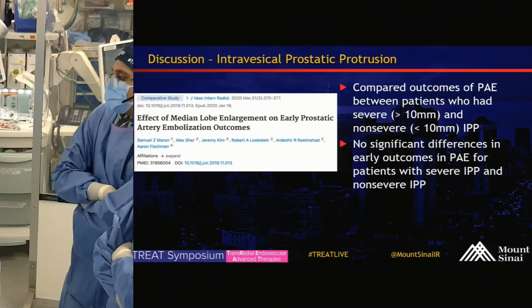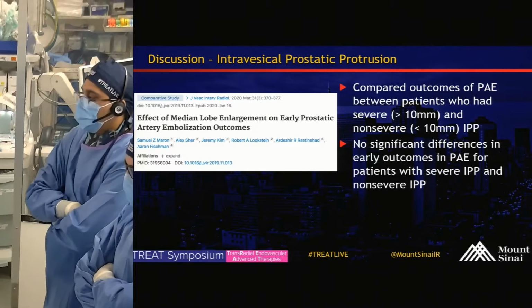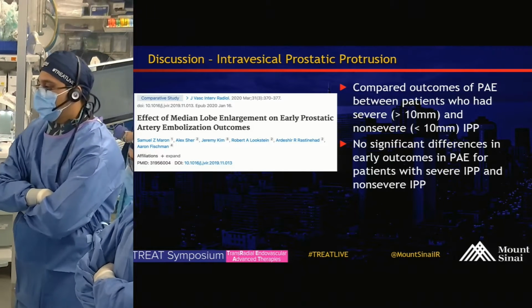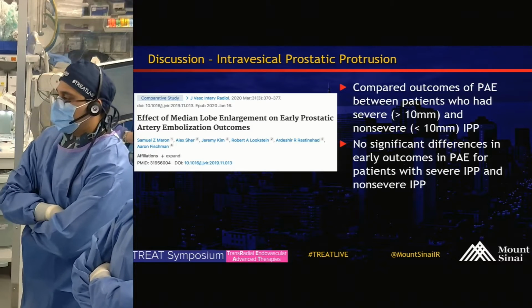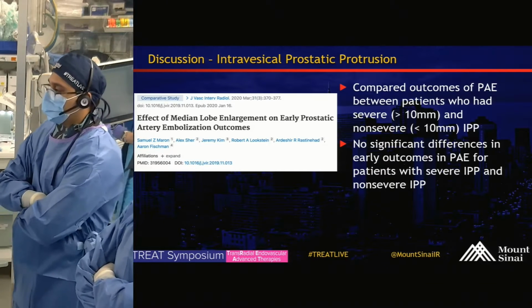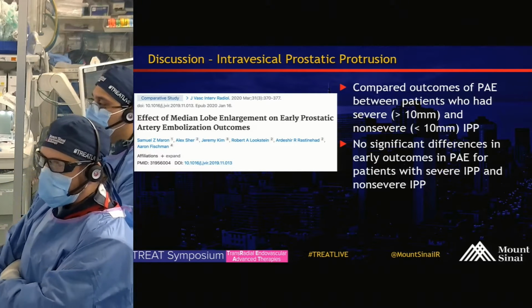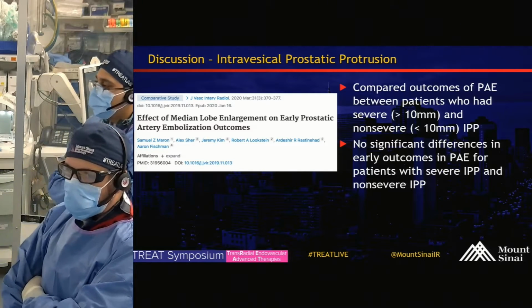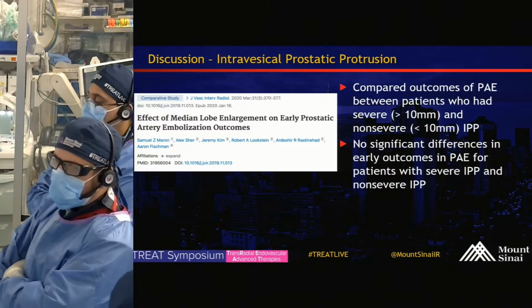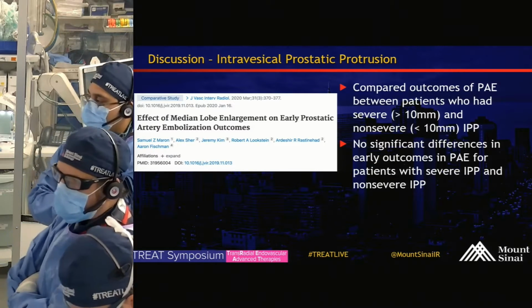In regards to discussion, on the IPP, we published a report in 2020 that discussed outcomes of prostate artery embolization between patients who had severe IPP, which is greater than 10 millimeters, and non-severe, which is less than 10 millimeters.